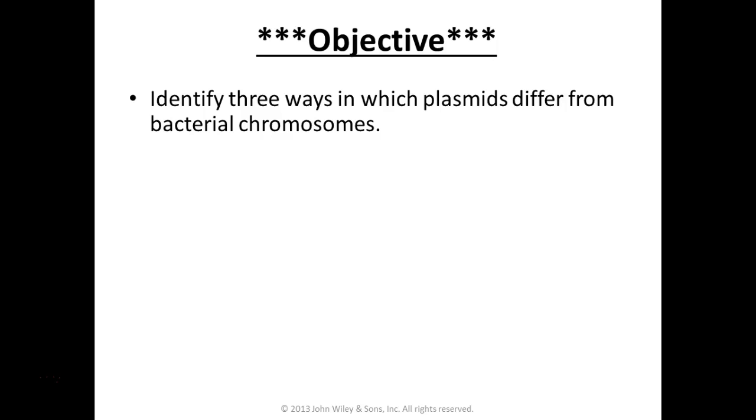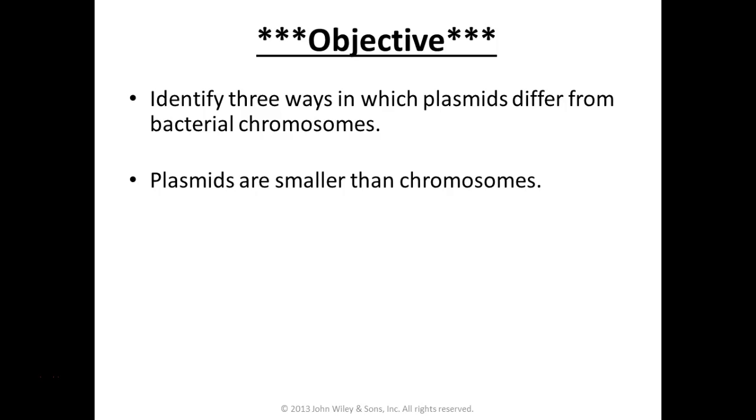Okay, so what are 3 ways plasmids differ from bacterial chromosomes? Because they are different, right? They're both made out of DNA, right? Does their size differ? Which do you think is bigger, a plasmid or the bacterial cell's chromosome? No, plasmids are smaller.